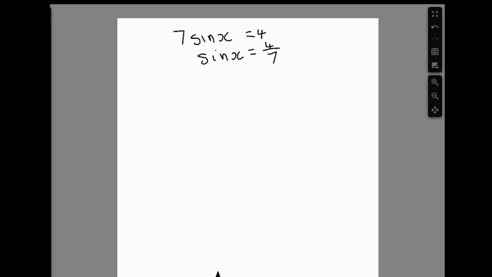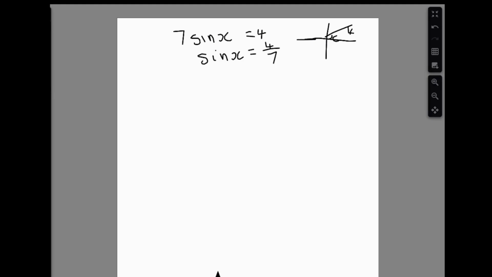Now, since sine x equals 4 over 7, we can do this. This is the Cartesian plane, right? So this will be the opposite side. So that will be 4 up there like that.